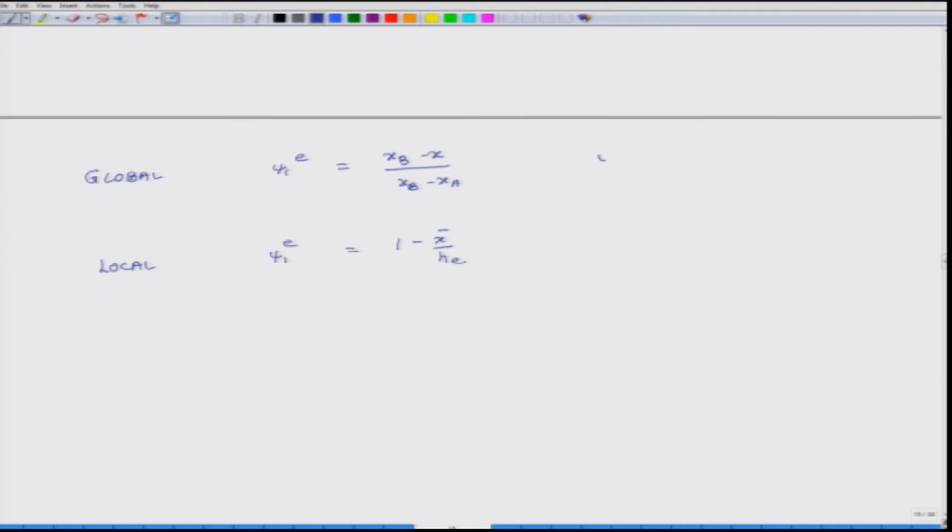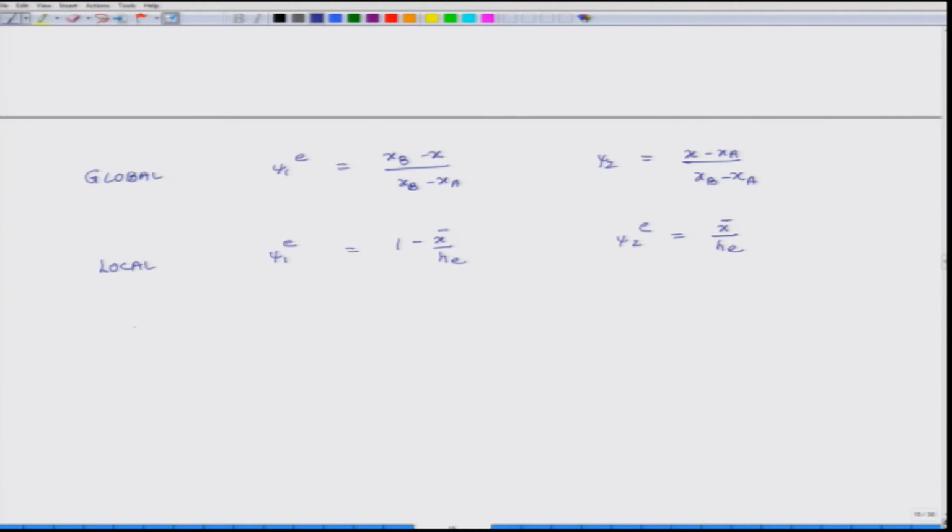In global, my psi 2 equals x minus xA divided by xB minus xA. In local, it is equal to psi 2 E equals x bar over HE. And E is the eth element.